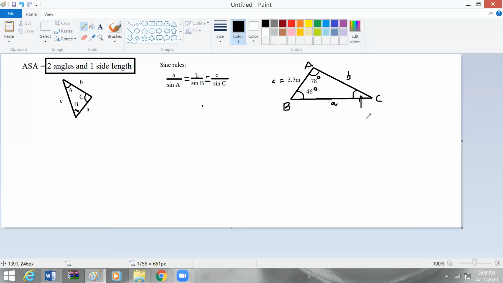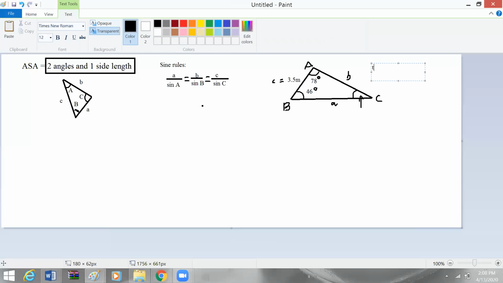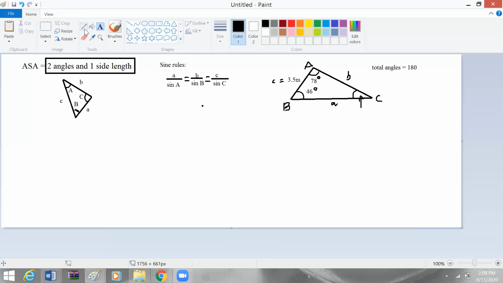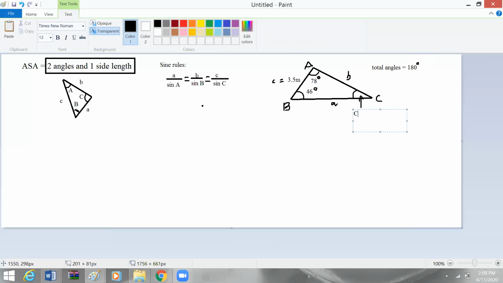We know the total of the angles in a triangle is 180 degrees. So we can solve for C: angle C is 180 minus (78 plus 46).